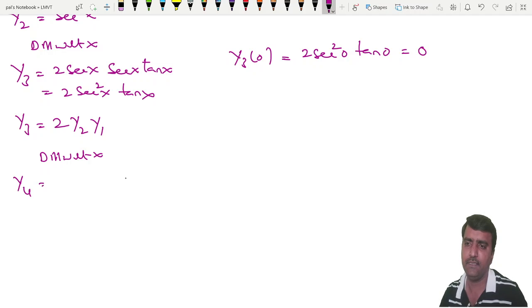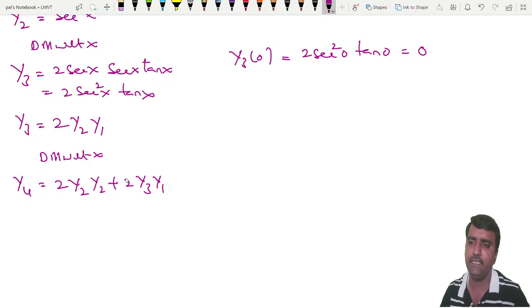So y4 is equal to 2 into y2 constant, differentiation of y1 is y2, plus 2 into differentiation of y2 is y3 into y1. So now y4 is equal to 2 into y2 square plus 2 into y1 y3. So find y4 of 0.